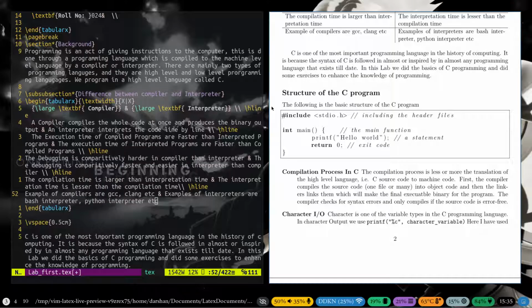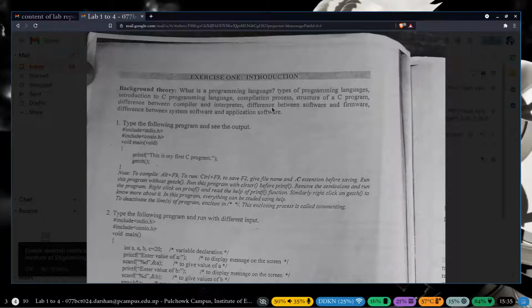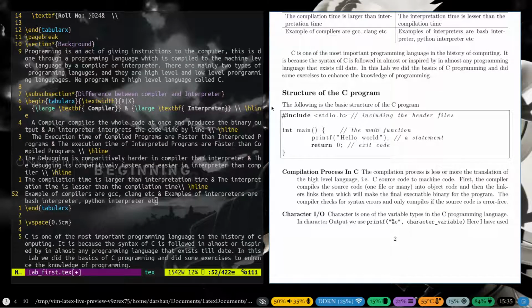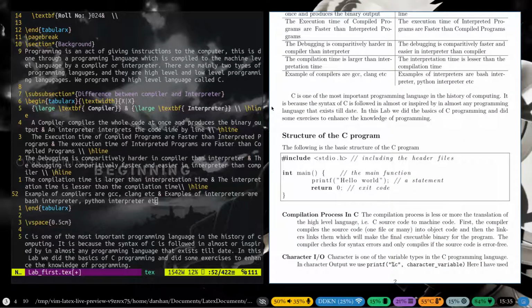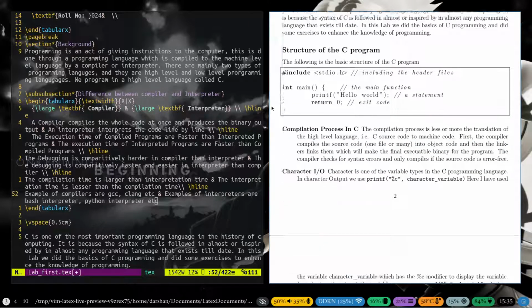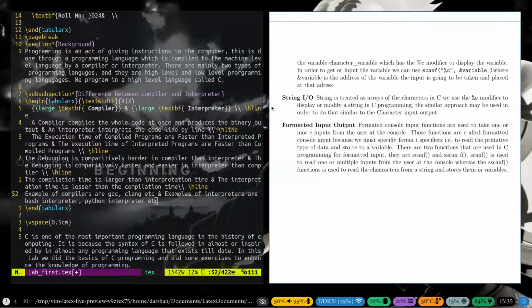The main function statement, exit code. Difference between software and firmware. Again, difference between software and firmware. I think I should not write that much. It's already very long.